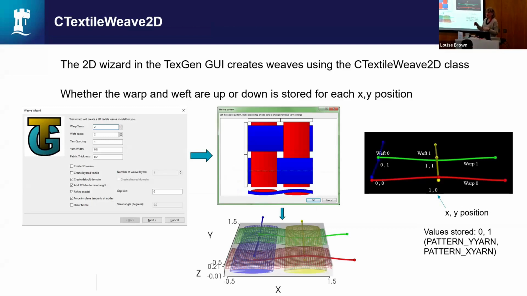You put in the number of yarns, the dimensions, and then it comes up with a weave pattern dialogue, and you can basically click on those intersections to make your weave pattern. Essentially what it does is save an array of whether the warp or the weft are up or down at each of the intersections, then automatically generates the yarns.